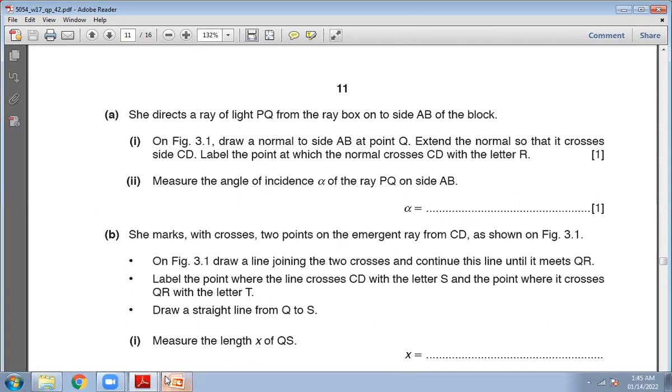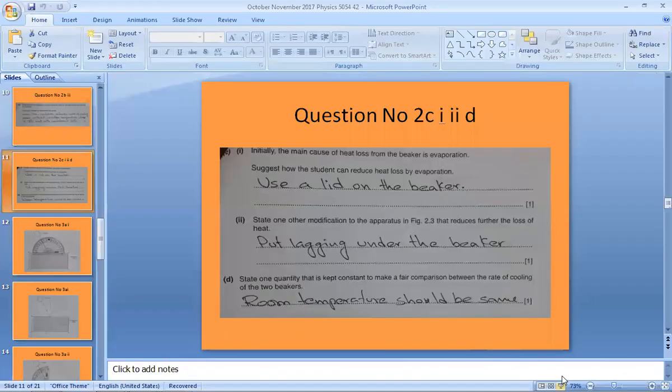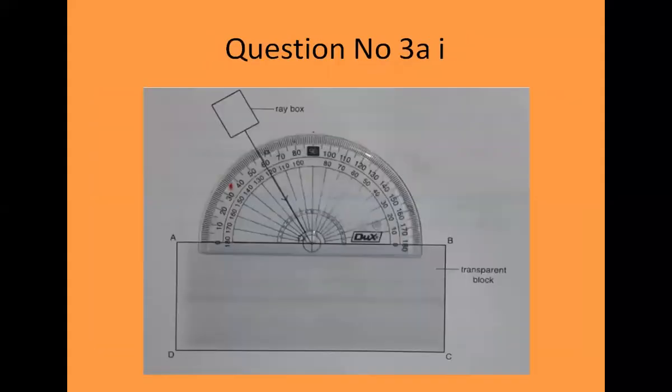Okay, so let me show you. I have done this. First of all, I have to draw the normal. At the point of incidence, I have put the crosshair of the protractor, and the zeros of the protractor are on the AB line, and I have put a dot on the 90.